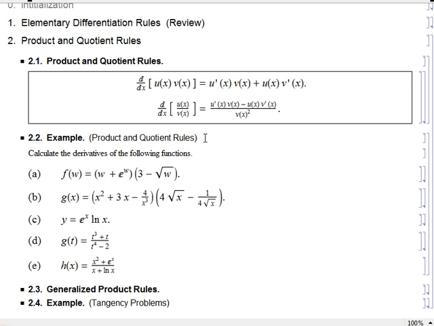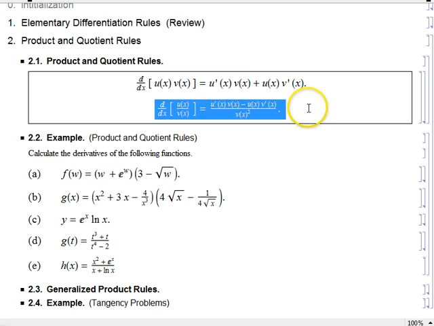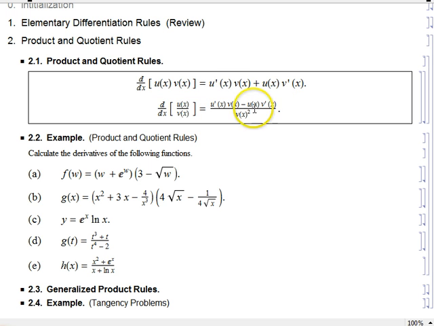So we need fundamentally different rules, and there they are. The product rule and the quotient rule. The derivative of a product, derivative of uv, is u prime v plus uv prime, and then the derivative of the quotient u over v is u prime v minus uv prime over v squared.